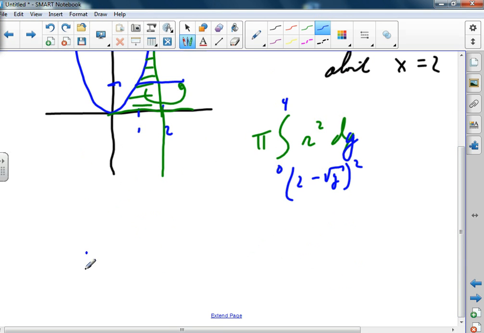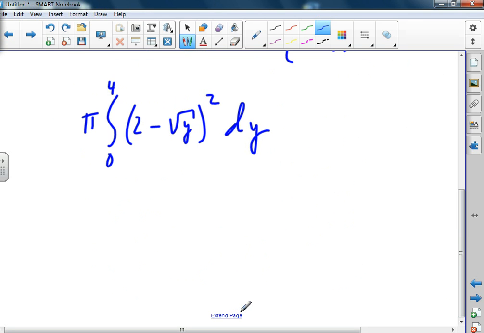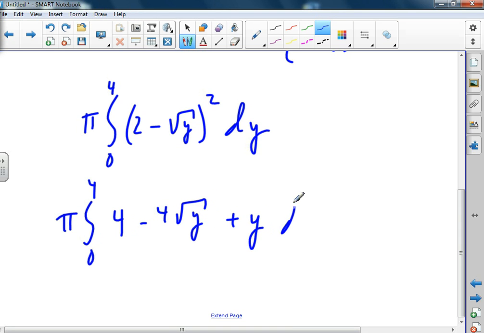So I'm going to solve the equation. It goes 0 to 4, 2 minus the square root of y squared dy. So I think that's the equation I want. I'm going to call it integral 0 to 4 of 4 minus 4 square root of y plus y dy.